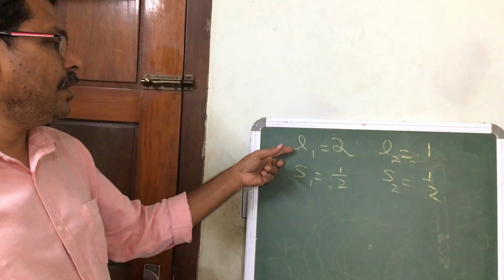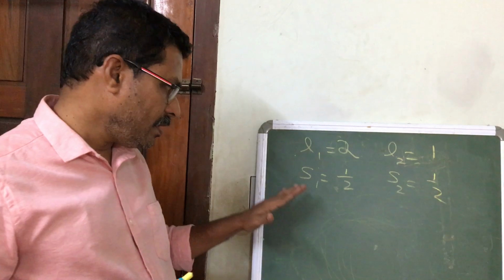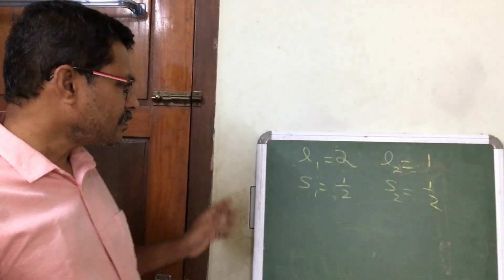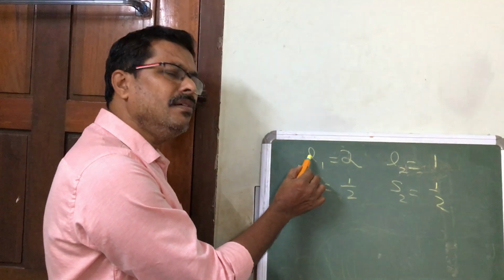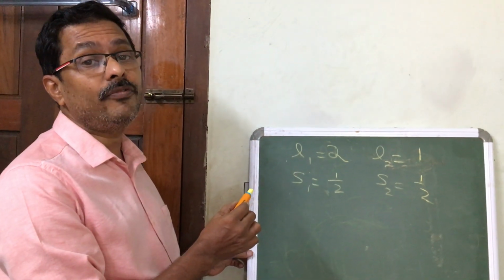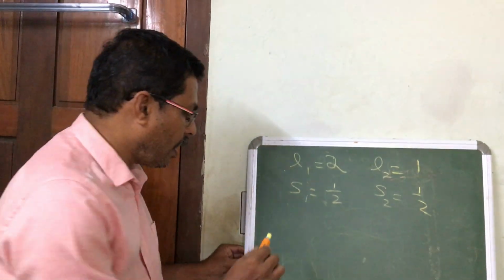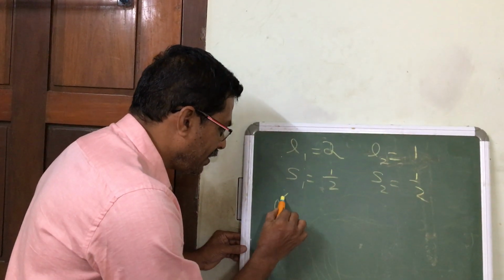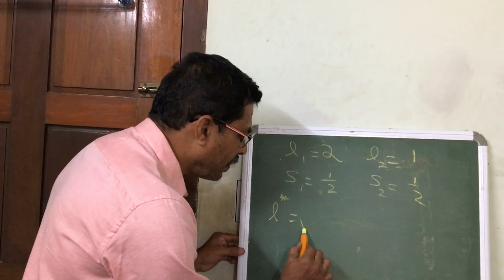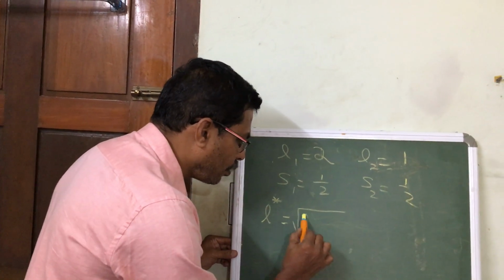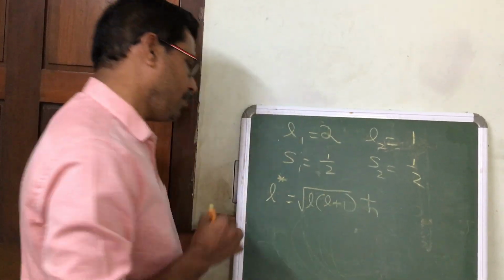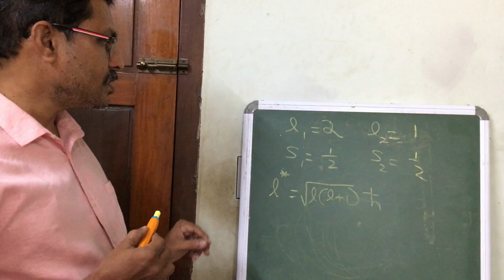So L1 is equal to 2, L2 is equal to 1, S1 is equal to half, as well as S2 is equal to half. For a given value, the actual value of your orbital quantum number, you write as L star, and this you normally write as root of L into L plus 1 into h cross. This is known to us.